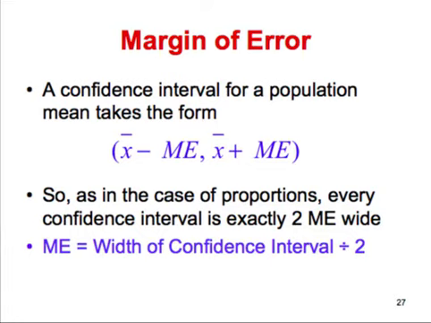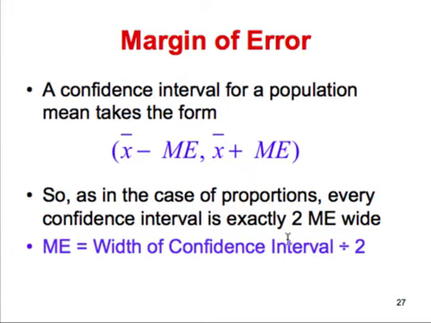Each confidence interval is 2 margins of error wide because it is created by subtracting 1 margin of error from the sample mean to get the lower bound and adding 1 margin of error to the sample mean to get the upper bound. 1 plus 1 is 2.